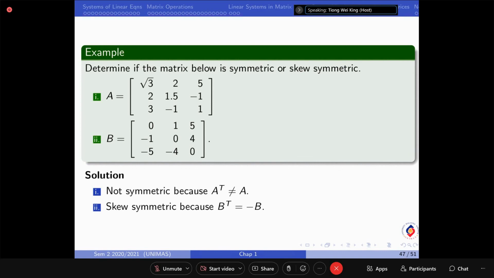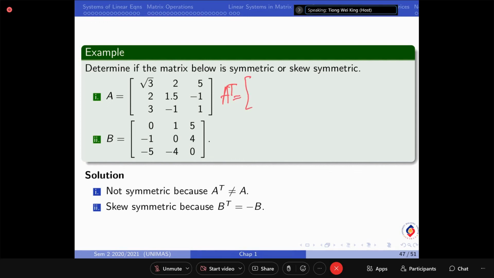Next is another example. Determine if the matrix below is symmetric or skew symmetric. Given A, we find A transpose.